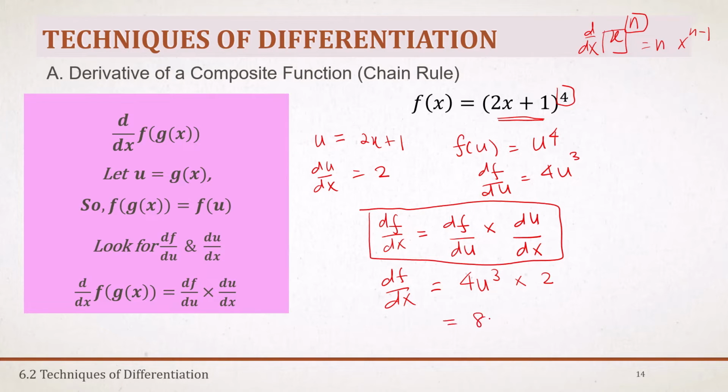So finally I have 8u cubed, but because the variable is x, I need to change back my u, so I have 8 times (2x plus 1) to the power of 3. So this one is called the chain rule.